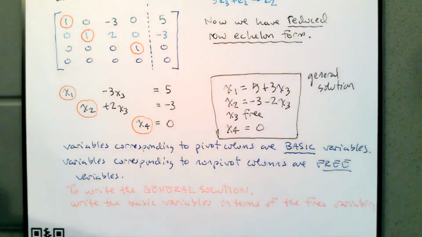Now what we have is a roadmap for how to write a solution to this system of equations. For every value of x3, we get a different solution to the original system. If x3 is equal to 0, then 5, negative 3, 0, 0 is a solution. If x3 is equal to 10, then 35, negative 23, 10, 0 is a solution to the original system.